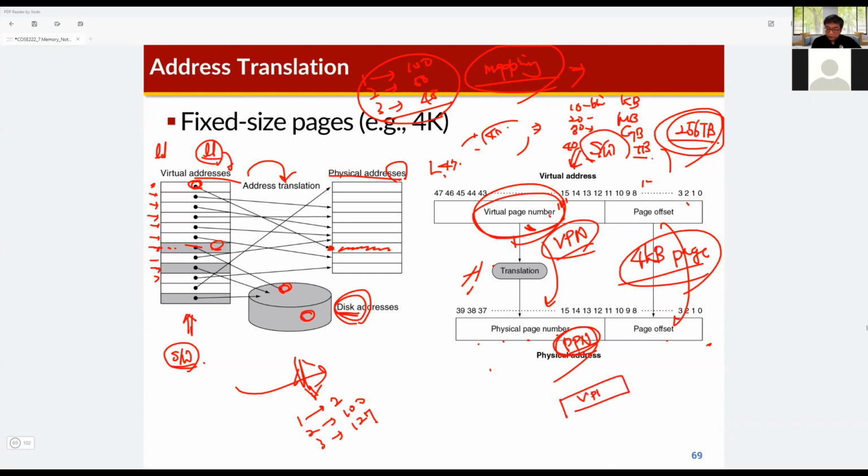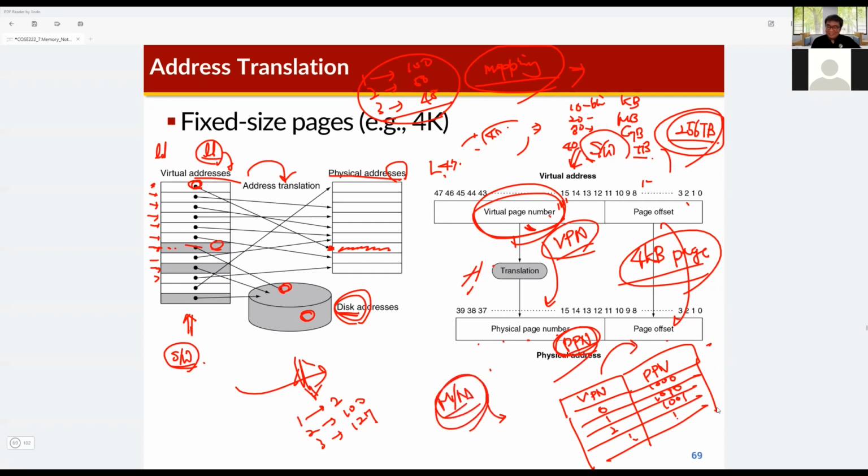This is the VPN, and this is the PPN, and the mapping information is, for example, VPN 0 will be translated to 1000, and so on. This mapping information is stored in the main memory, the physical memory, and it is actually managed by the operating system.